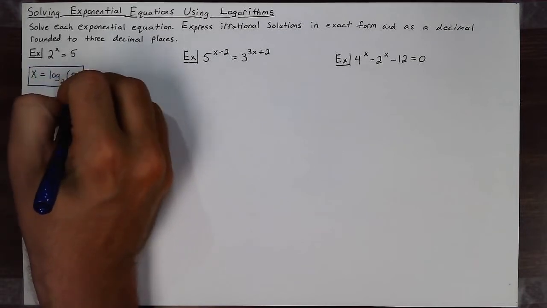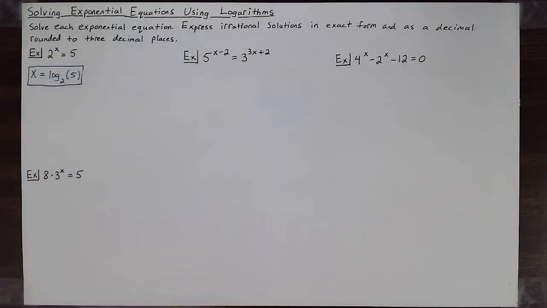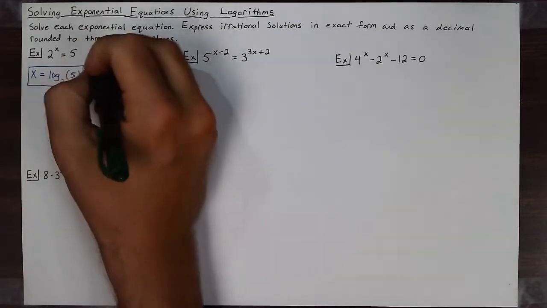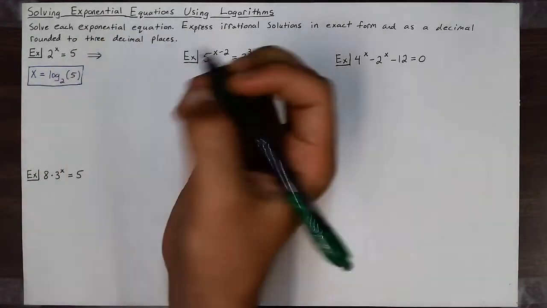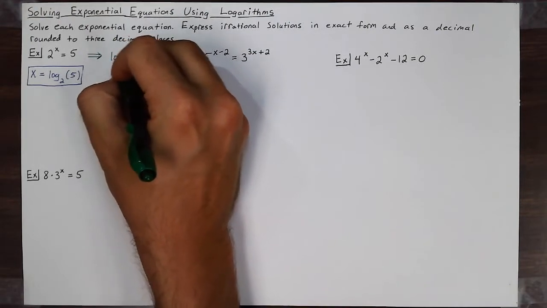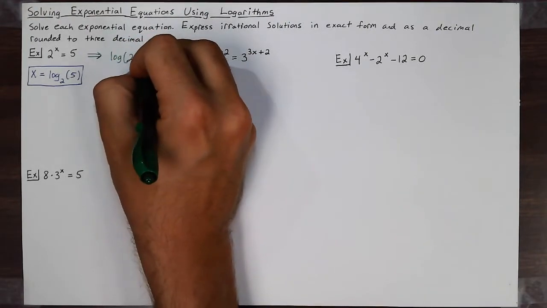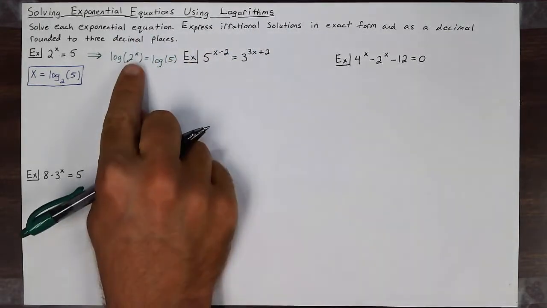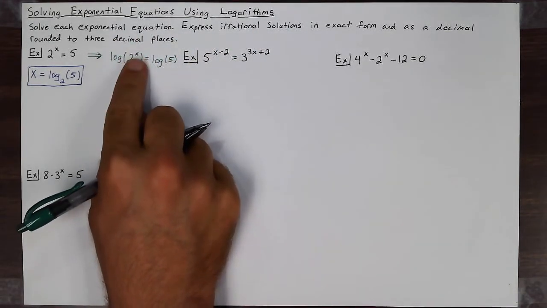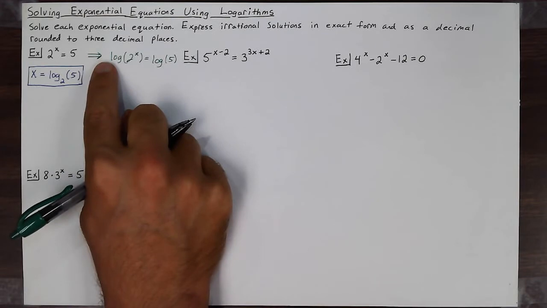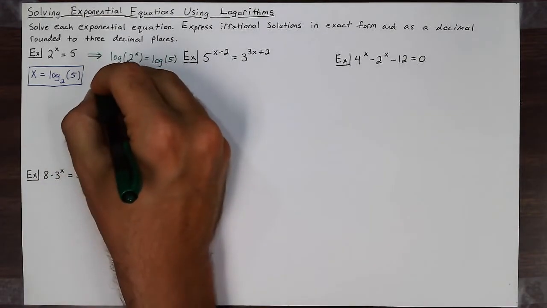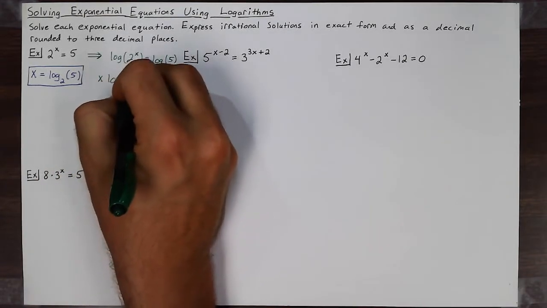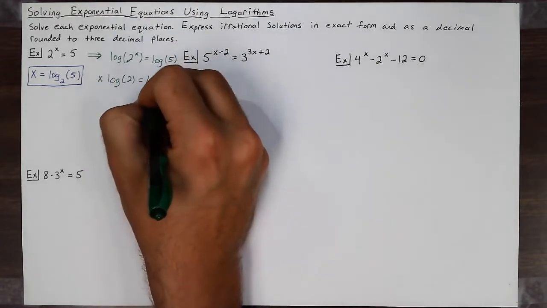Now, an alternative way to solve this is just to take the log of each side of the equation. So we'll have log of 2 to the x is equal to log of 5. Now we'll use the exponent rule. We'll move that x out in front as a factor, giving me x log of 2 is equal to log of 5.